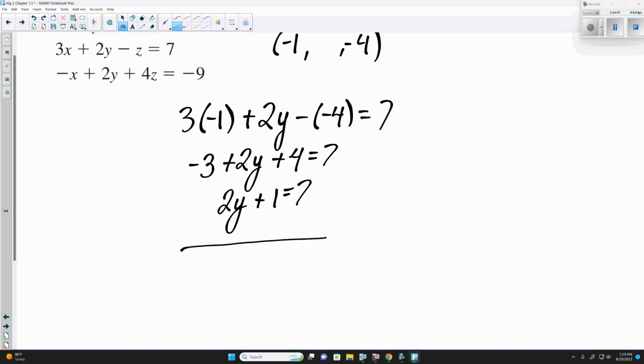What can we do next? Move the 1 over by subtracting it from both sides. Telling us 2y is equal to 6. Divide both sides by 2. Telling us y is 3. So our point is -1, 3, -4.